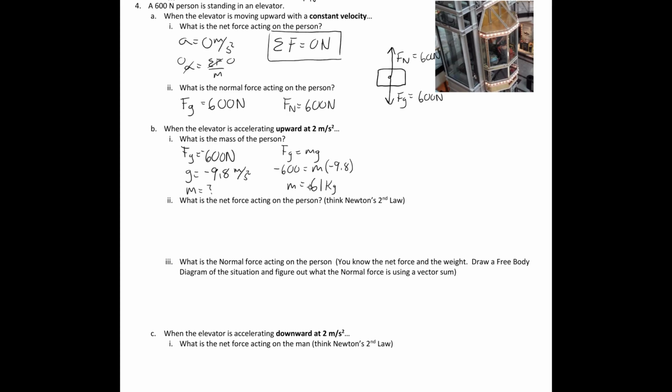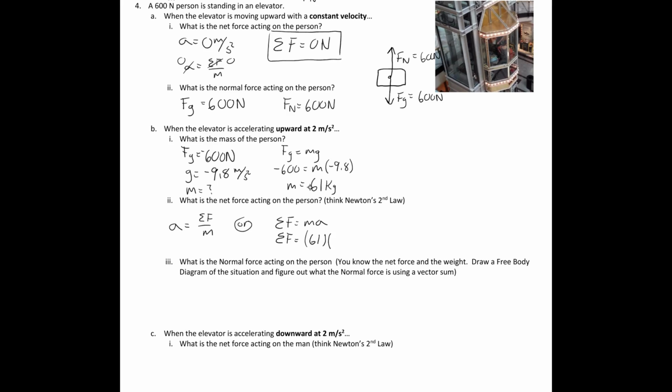Now it says, what is the net force acting on the person? Hint, think Newton's second law. Newton's second law says that acceleration is equal to the net force divided by the mass, or the net force is equal to ma. We're looking for the net force, right? So net force is equal to the mass, which we just found, times the acceleration.